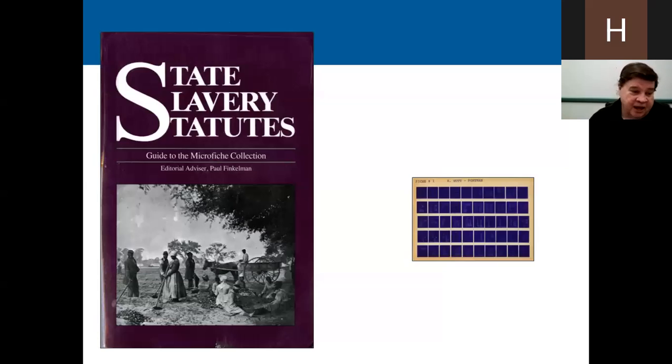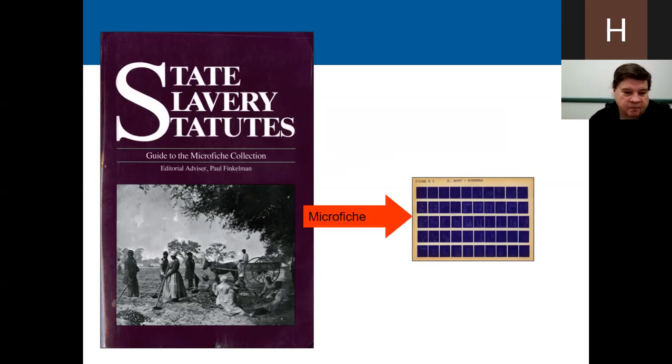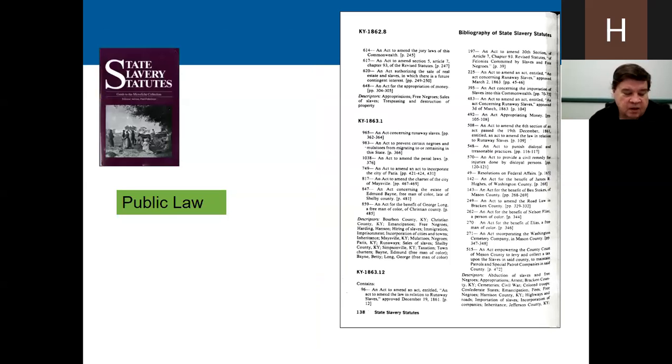Something else to look at is state slavery statutes. And this covers all the laws passed by states covering the issue of slavery in some form or fashion. So there's a printed guide and microfiche. And it covers two things. It covers public law. And when we think of law generally, this is what we think of.